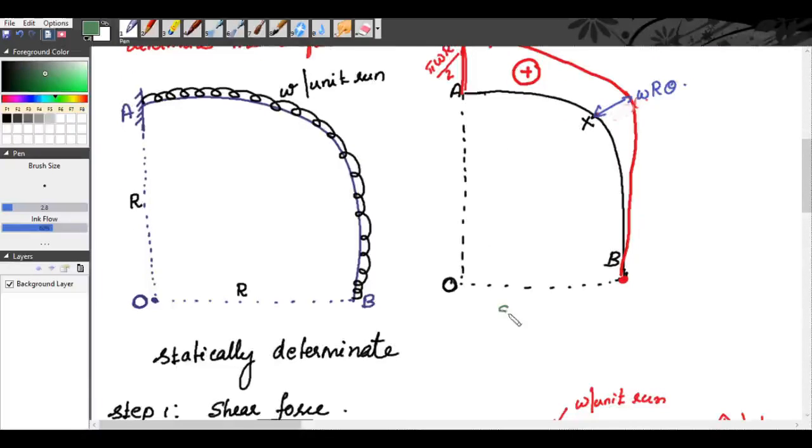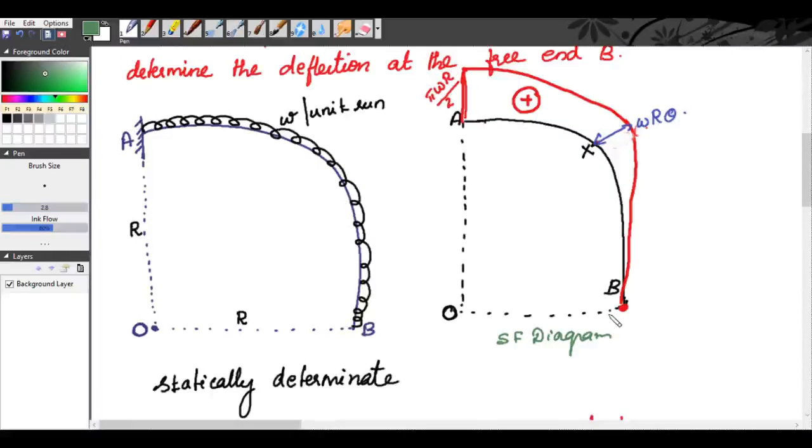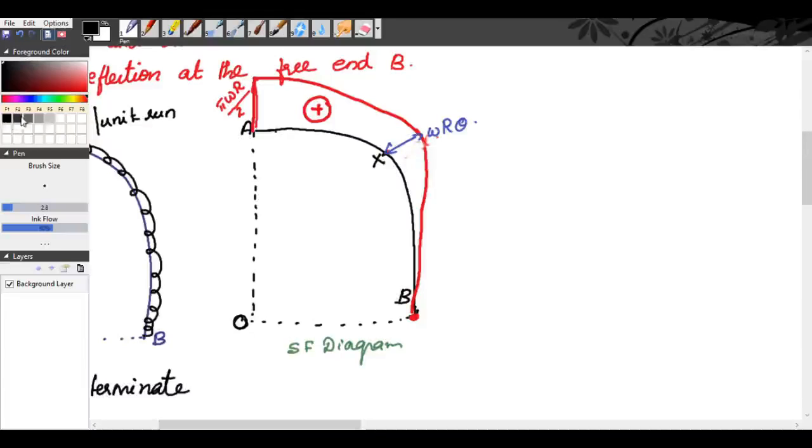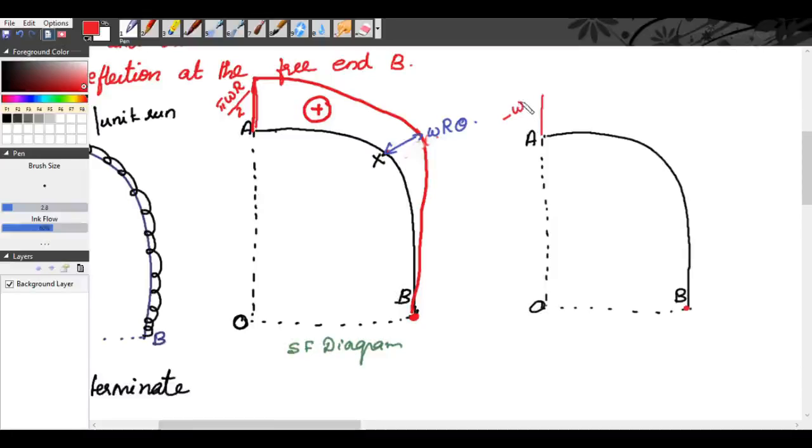Now we will draw the bending moment diagram. This is A, this is B, this is O. So we know for the bending moment diagram at B, bending moment is equal to 0, and at A, bending moment is equal to minus wR square.